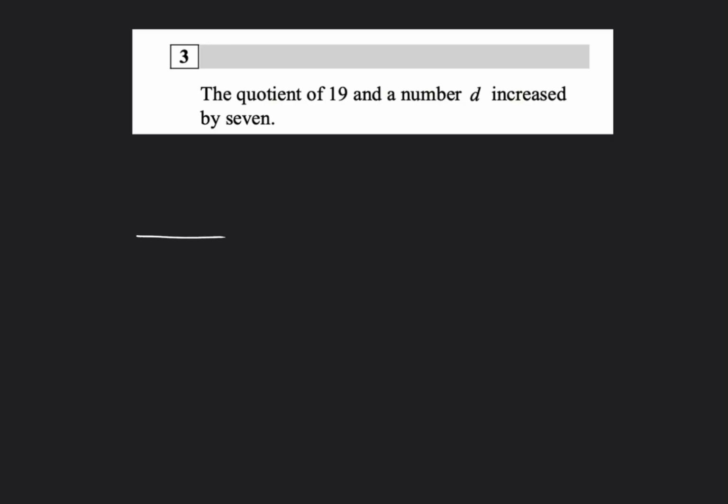We started with 19, so we put 19 in the numerator, and we finished with d, the number. That means I'm going to put it in the denominator. This expression increased by 7, so I'm going to say plus 7. So our final answer is 19 divided by d, plus 7. So this is our answer.